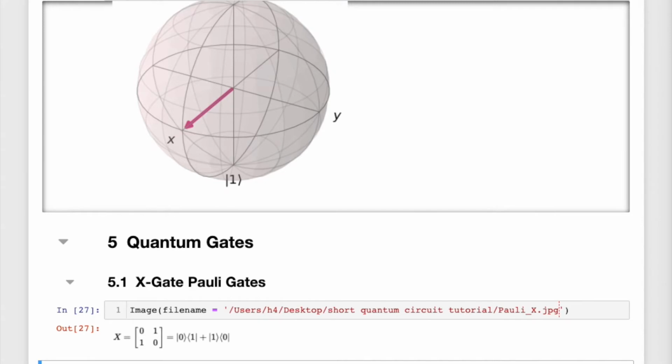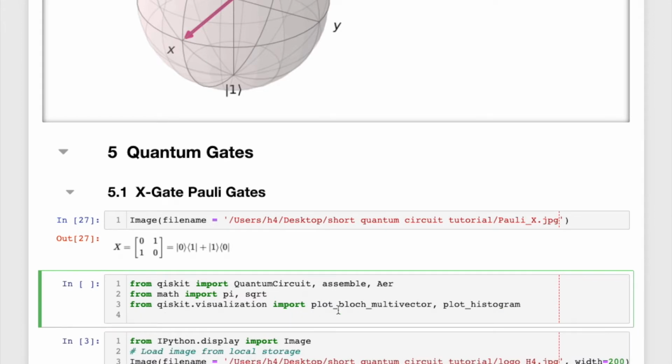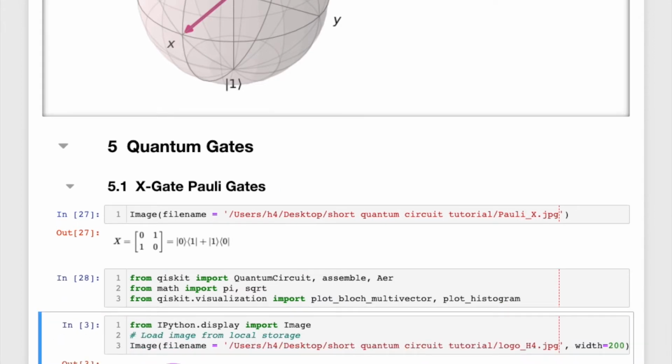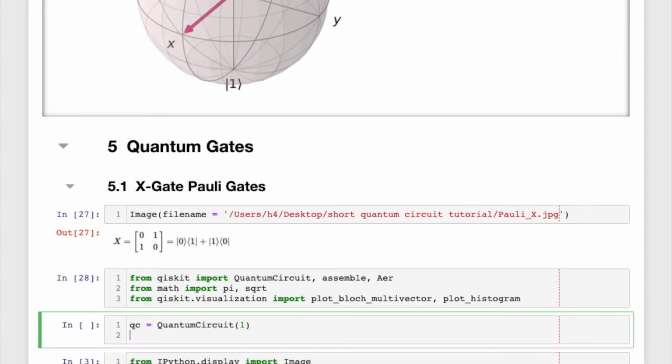If we have a quantum circuit, or better, one qubit, and we apply the quantum gate, the X Pauli gate, let's see what happens.